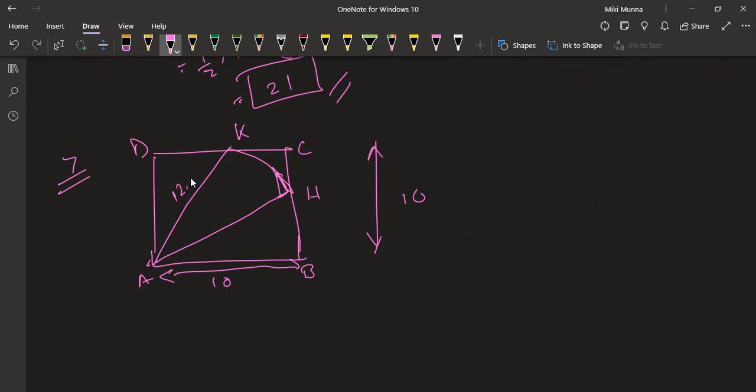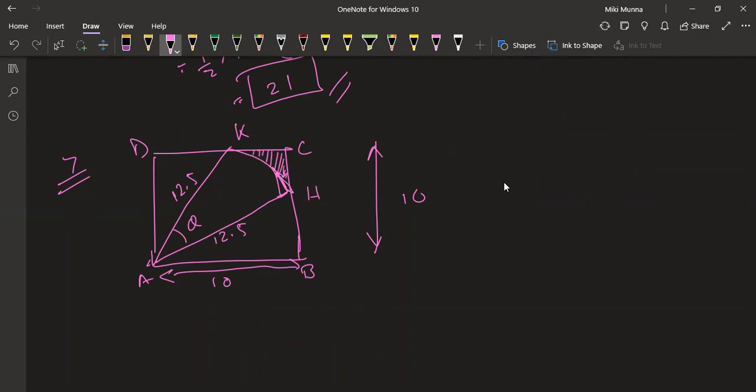AK is a radius, 12.5 centimeter, and AH is also a radius because this is a sector of a circle, so 12.5 centimeter each. They're asking us to find this angle at first, and then to find the shaded region area.